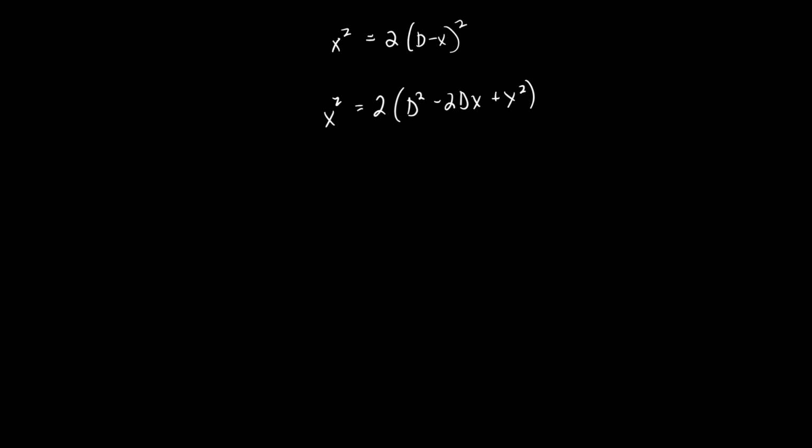Now, the term that's important is x. We're looking for an answer for x in terms of d. So we need to collect terms. So I'm going to expand again by distributing the 2. Then I'll move the x to the other side.